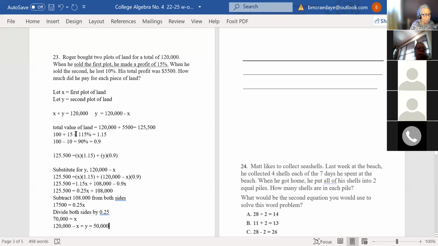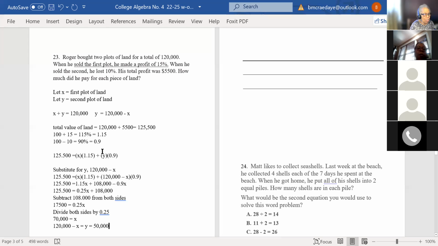You add the 15% because you made a profit. You lost 10% on the other one. That's why we subtracted the 10 from the 100%. Okay, then we set up our formula: 125,500, which is the total of the land plus the profit, is equal to what you paid for the first plot times 1.15 and the second one times 0.9.